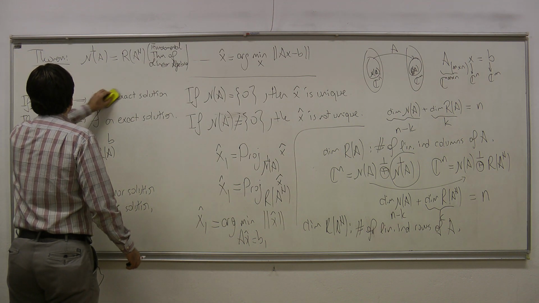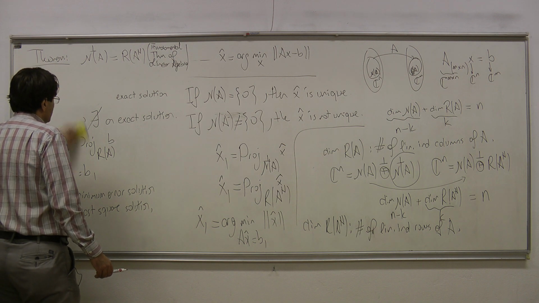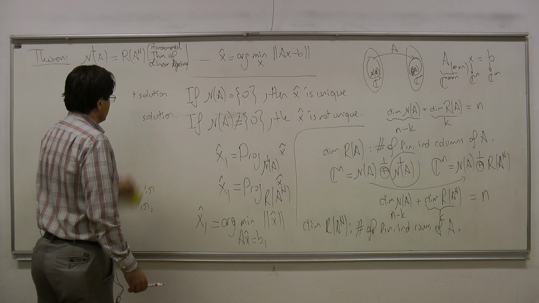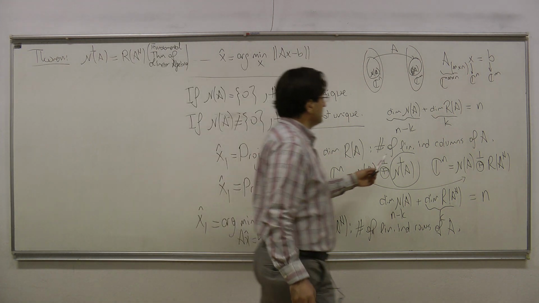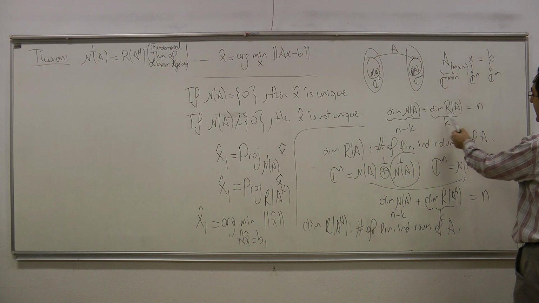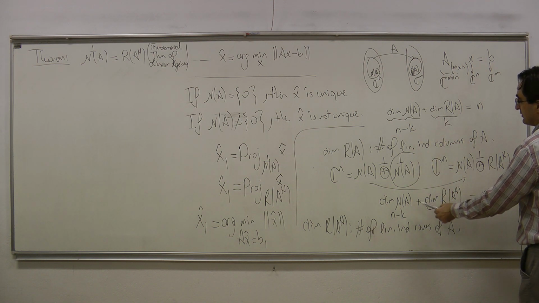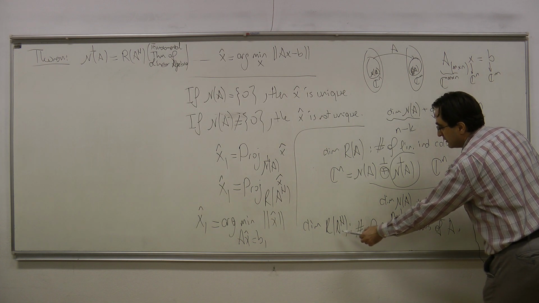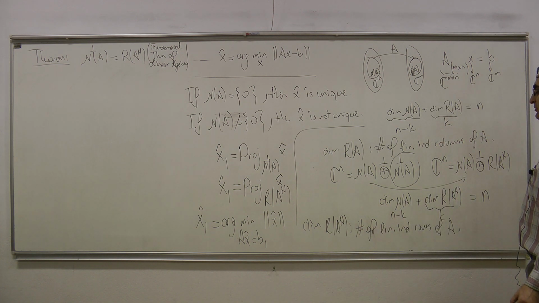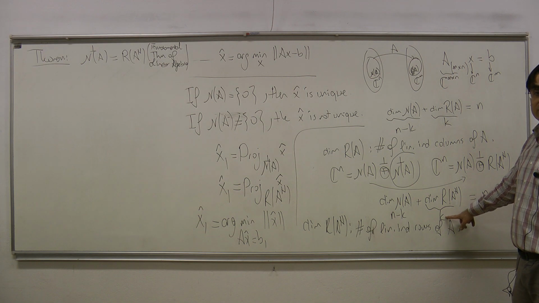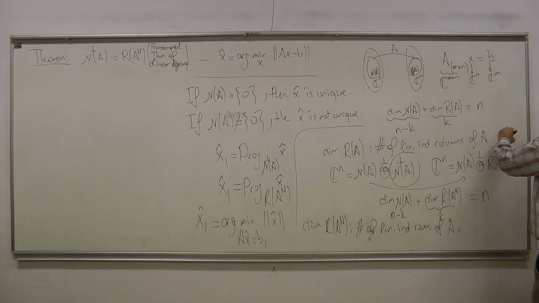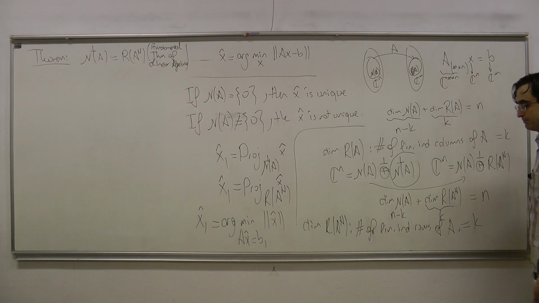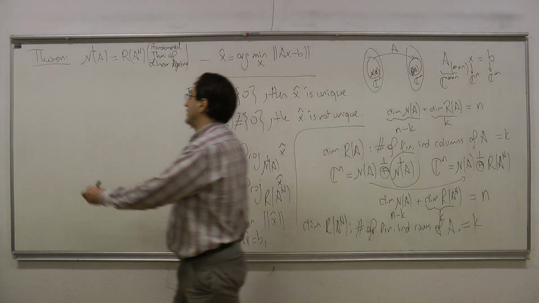So what does that mean? You see that I started with the assumption that the dimension of range space of A, the number of linearly independent columns of A, is equal to K, and I ended up with the following result. Dimension of range space of A Hermitian is the same. It is equal to K as well. So the number of linearly independent rows of A is again equal to K. From this we get the following result.